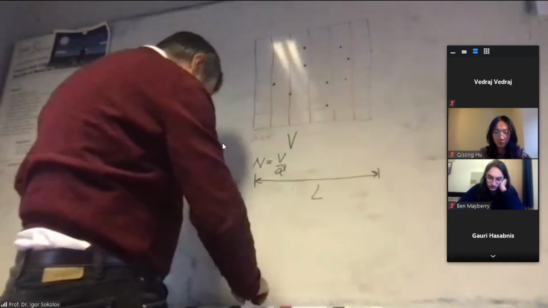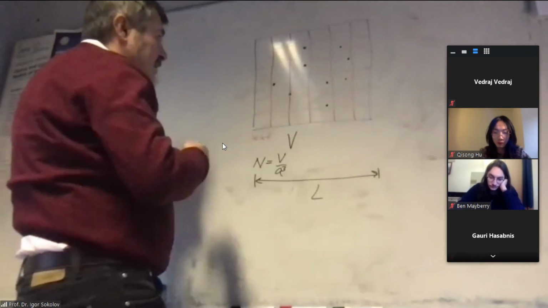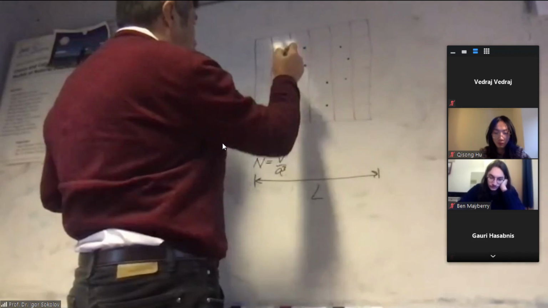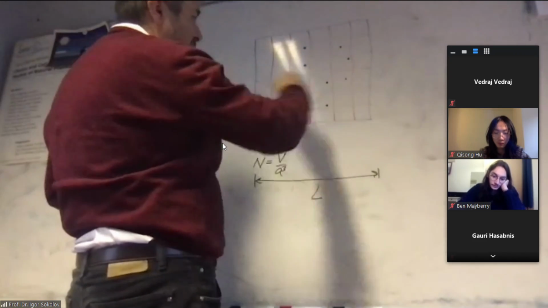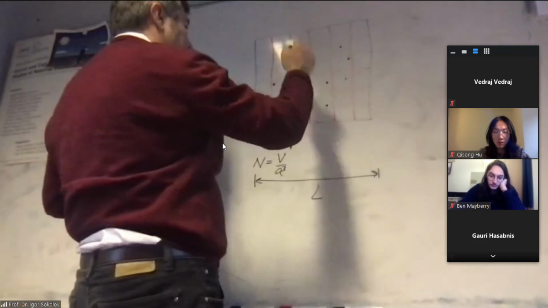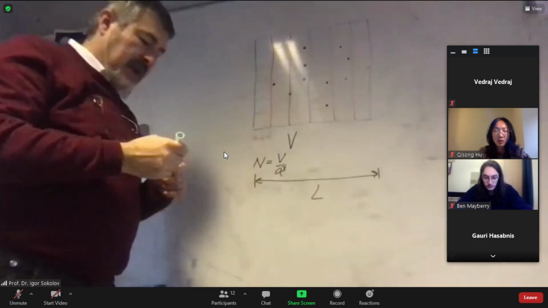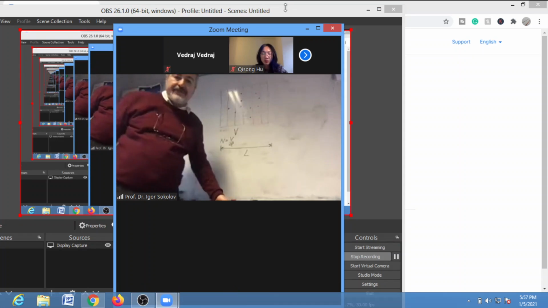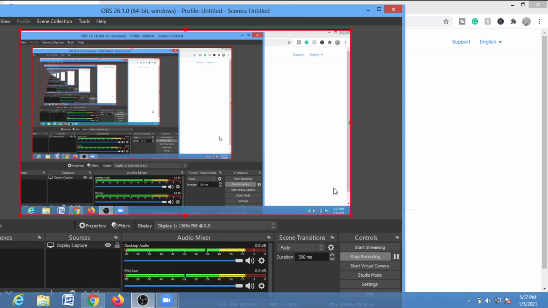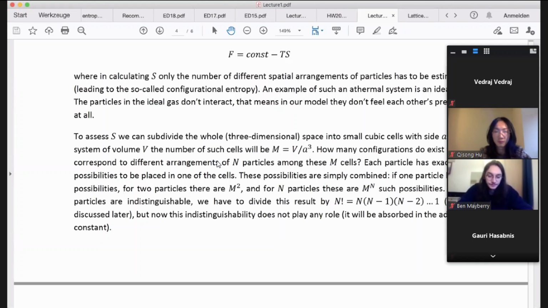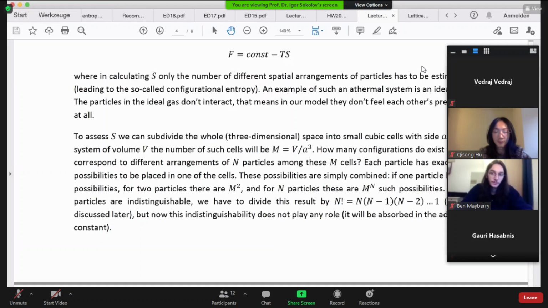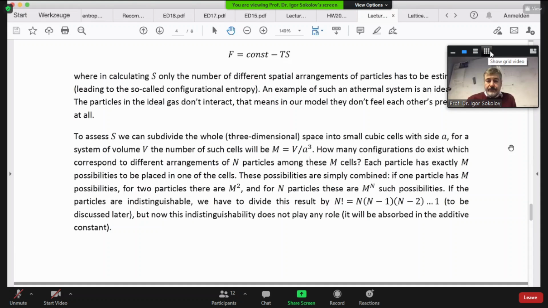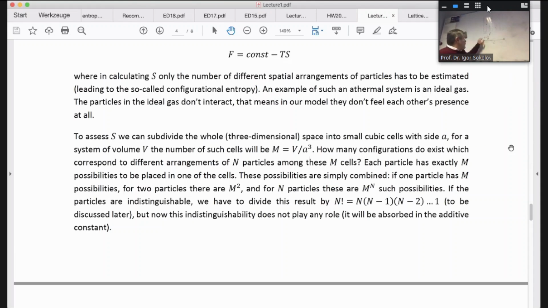So how many possibilities are there to place a molecule, now here a green molecule, within my system? For example, now I place a green molecule here. How many possibilities are there to place one green molecule in one of the cells of the system? Who can tell me? In the script, I call this M. So I have M cells.